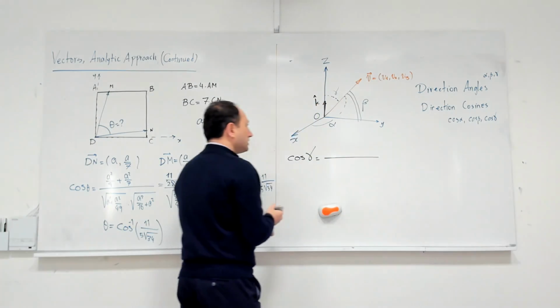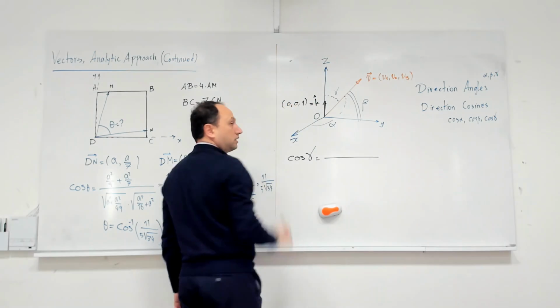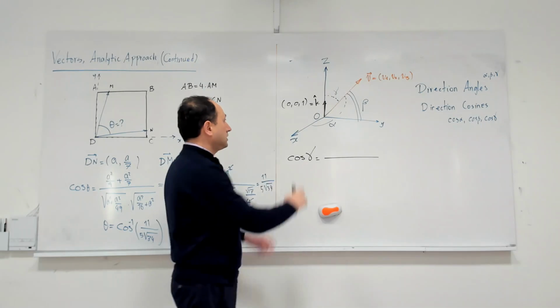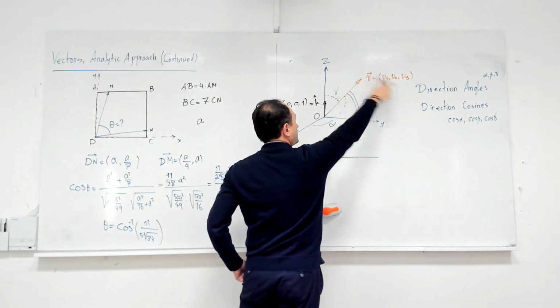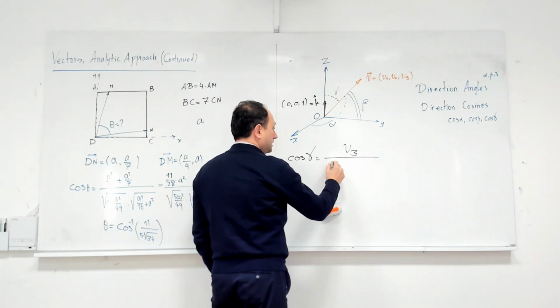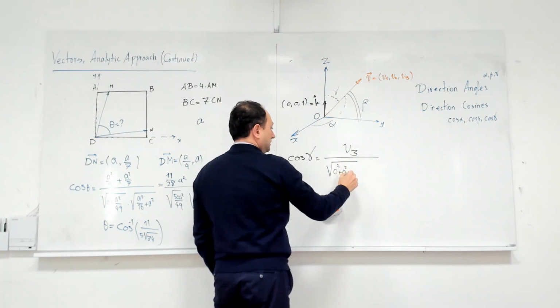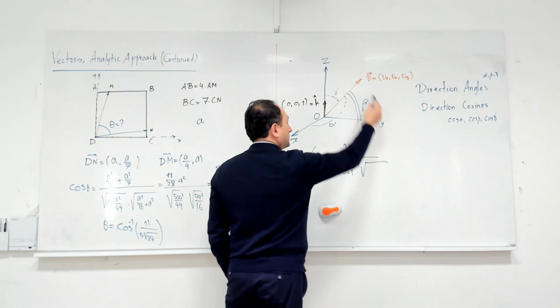So what can I write? What are the components here? 0, 0, and 1. So when I multiply the dot product in the numerator, 0, 0, and V3 gets involved, divided by these numbers squared and added, multiplied by these numbers squared and added.